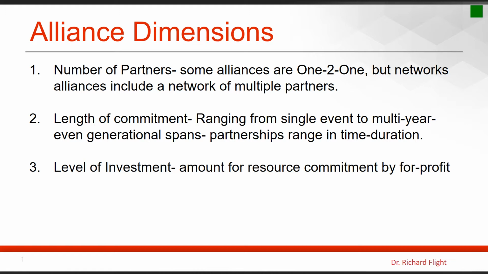Level of investment, of course, is the degree to which the for-profit and the nonprofit are financially tied. So if it's a significant investment, then that's one thing to consider versus a non-investment. A brief caution or word of warning here for nonprofits: if your nonprofit organization relies significantly on one partner, then that one partner has what we call some type of power, or could exert some coercive power upon you, and that could be detrimental to your operation.